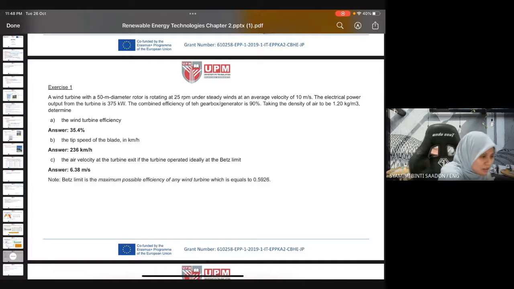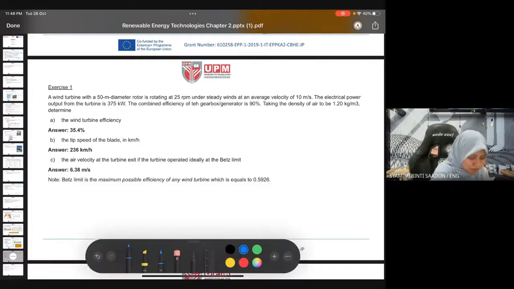First, we have information on the electrical power, 375 kilowatt, and we know the efficiency of the generator. So we can remember the definition of efficiency. Efficiency equals the power produced over the power intake, the power at the inlet.